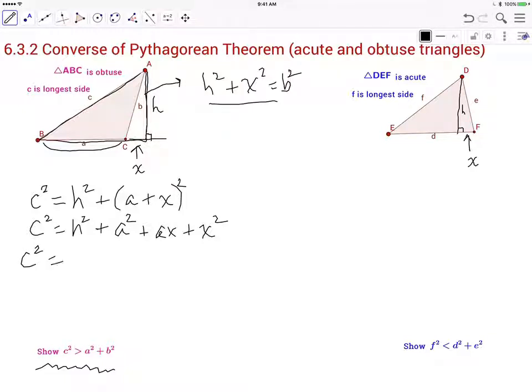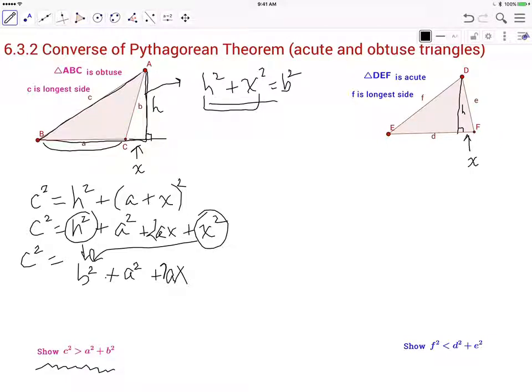C squared is equal to, look at that, h squared plus x squared. H squared plus x squared can be replaced by b squared plus a squared. We're going to leave that alone, right? A squared plus ax. Oops, there's a 2. There's a 2ax. Maybe you caught that earlier.